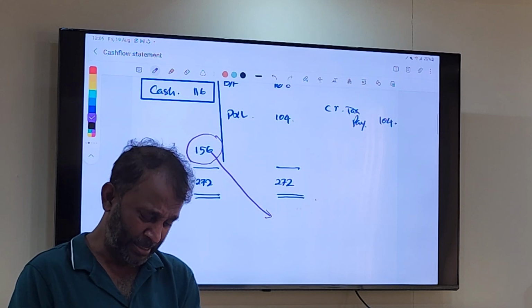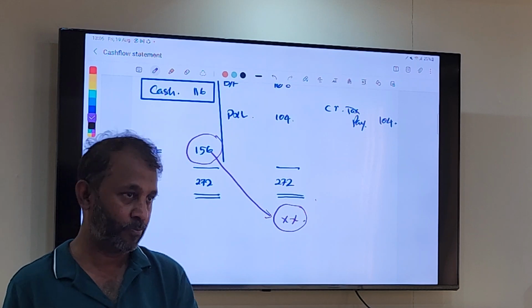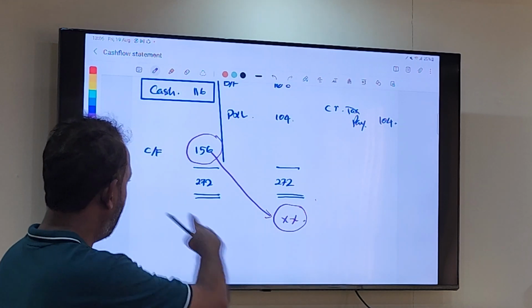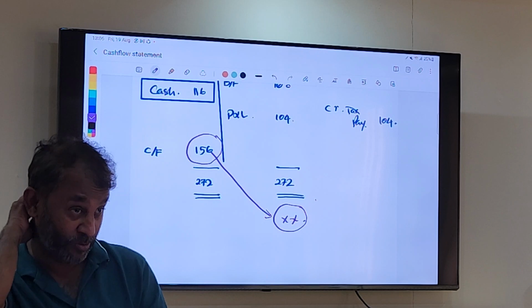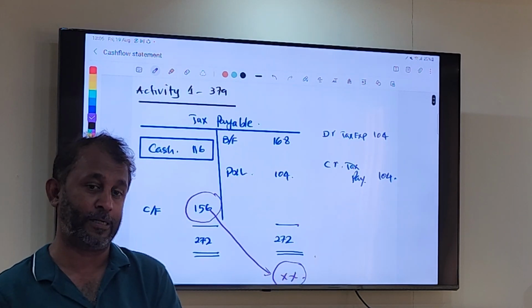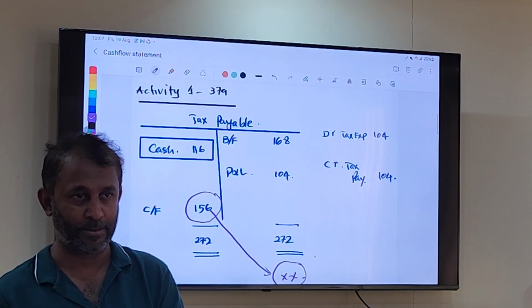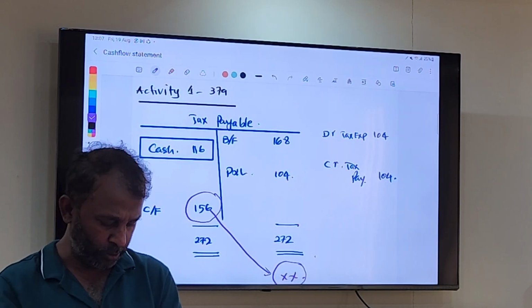See, again it's a credit. Clear? So that's what I wanted to clarify. So now for this question, our answer is what? 116 is the answer. Clear? So let's move on to the next question.